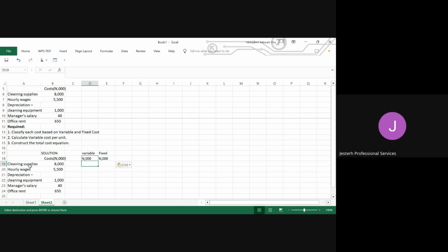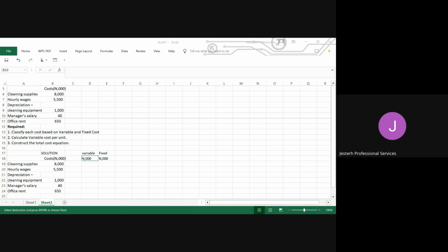Cleaning supply means those materials that they are buying to render service to these clients, to these aircrafts. Without this cleaning supply, they won't be able to render these services. And then all these things. Variable cost. What did you say? Hey, sorry, sir. I don't know that my mic is on.